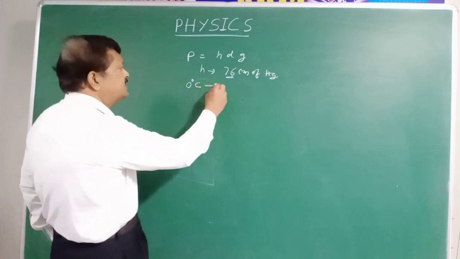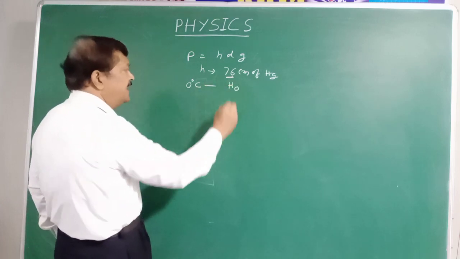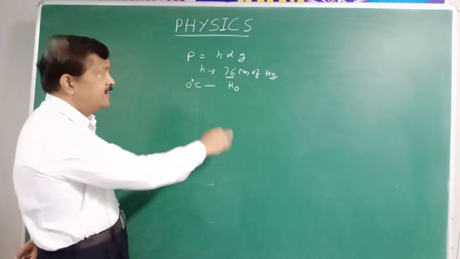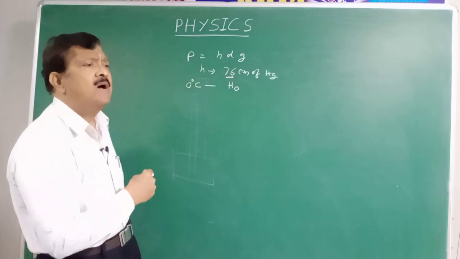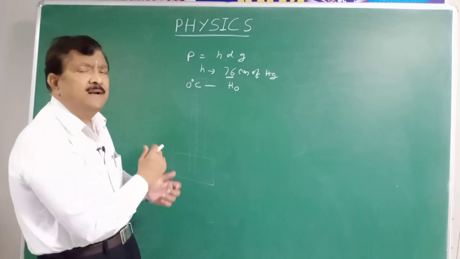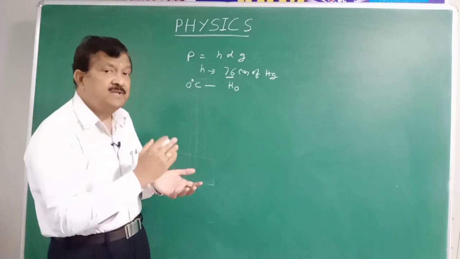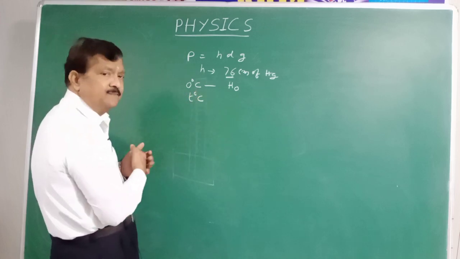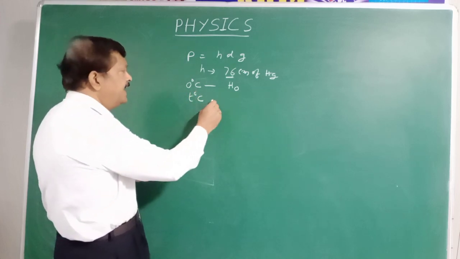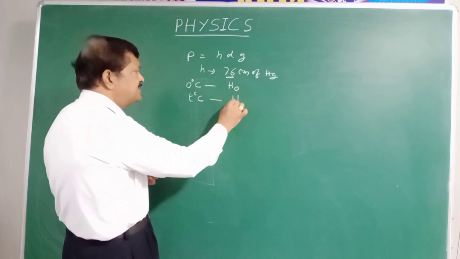Now let the height of the mercury column represented by the scale be H0. Now I am using this barometer at a place where the temperature is a little higher, let us say T degrees centigrade. At T degrees centigrade it gives a reading, let us say H.